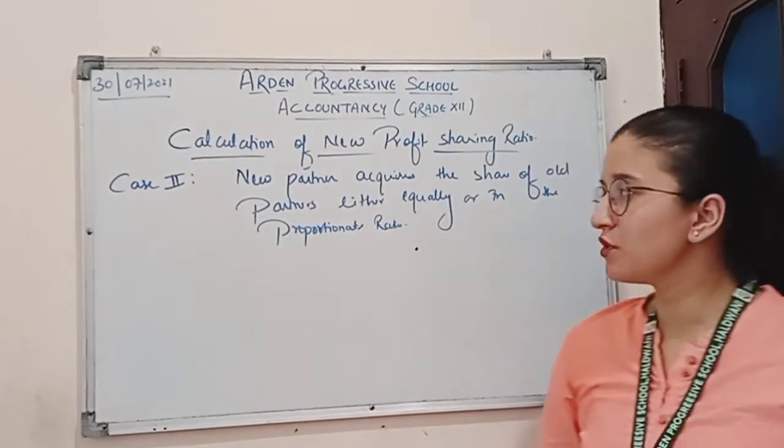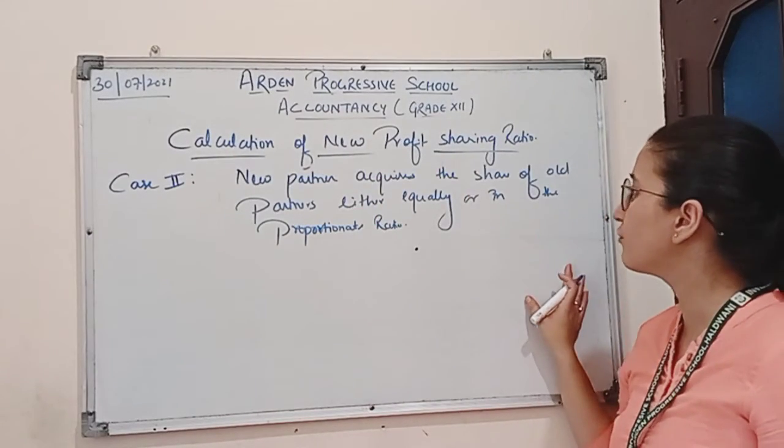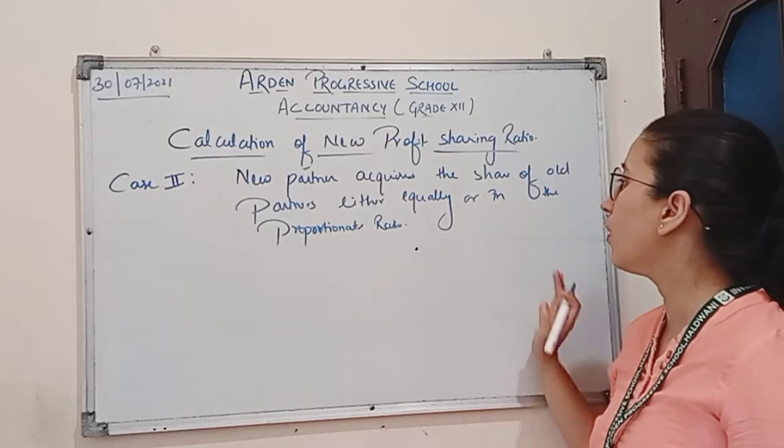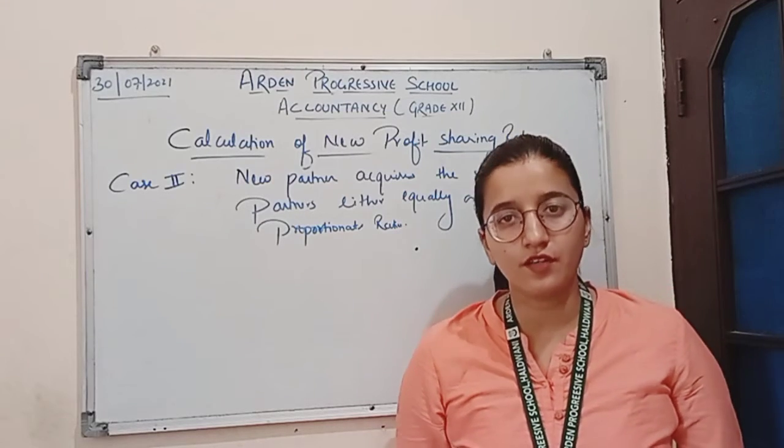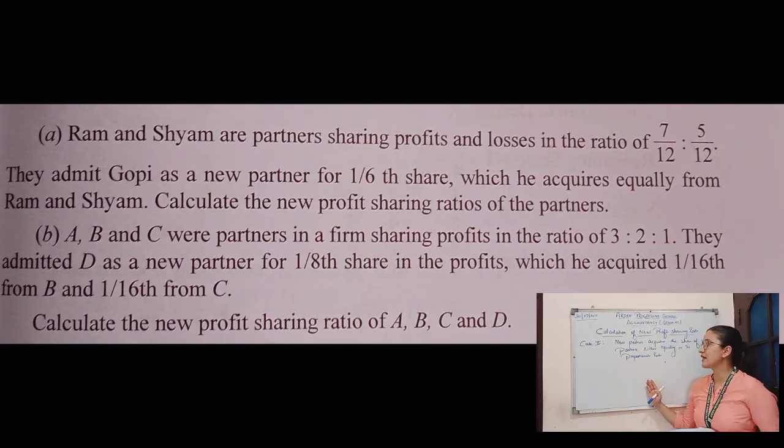So this is case number 2, when the new partner acquires the share of old partners either equally or in the proportionate ratio. We'll understand this case more clearly by solving a numerical question based on the same.